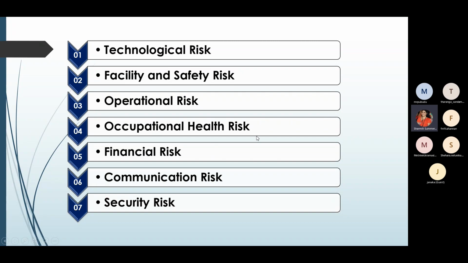Occupational health risk: normally we are talking about the healthcare providers, the physicians or the nurses. When they are doing any procedures, they also have a chance of getting harmed by the manipulations. For example, for cancer patients, we give specialized tablets or medications called hazardous drugs. Those drugs you can't handle with your bare hands. Why?